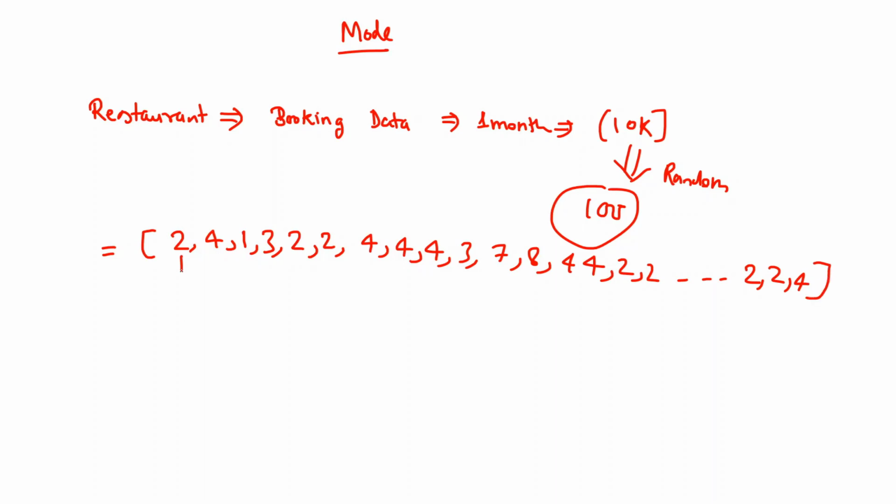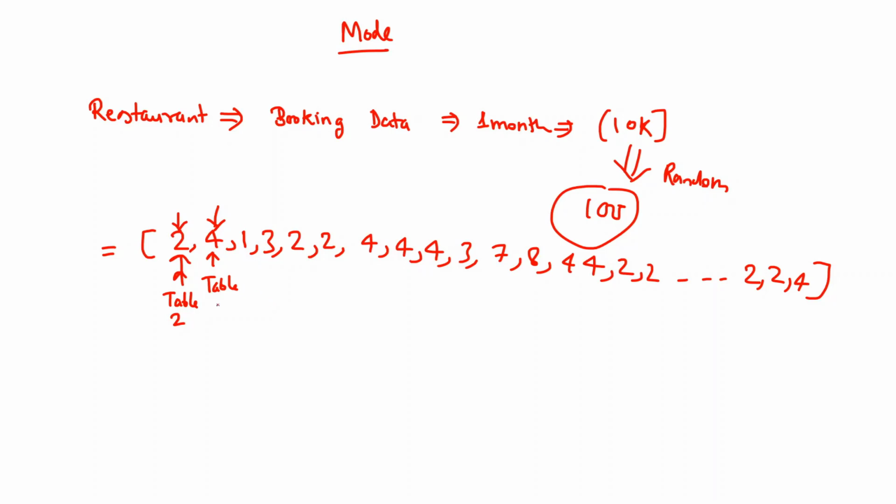This number denotes how many members come together for dinner or for lunch. Say these 2 members come together. These 4 members come together. It means they book a table for 4 persons, and this booking was done using a table which has 2 chairs.